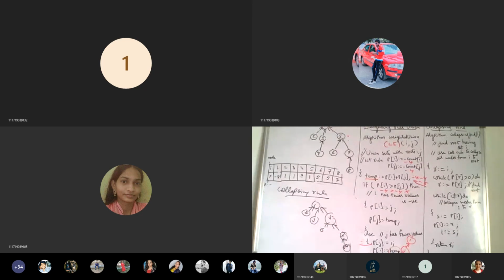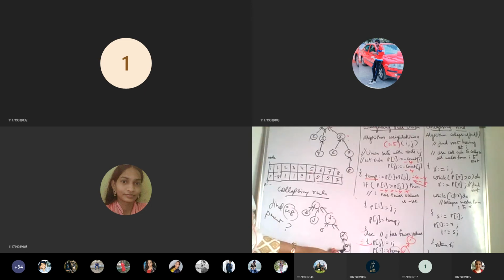If I want to find some element I, and I is equal to 8, I want to find the element 8 in the tree structure. Finding element 8 means we are going to find out who the parent of 8 is.